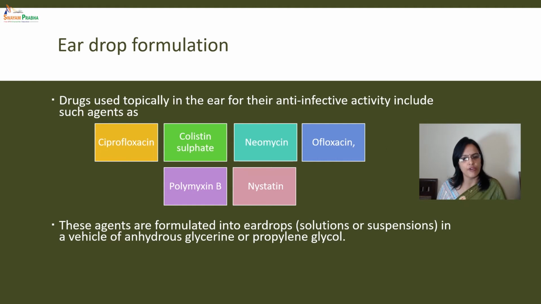These agents are formulated into the ear drop, whether in the form of a solution or suspension or in a vehicle of anhydrous glycerin or propylene glycol. So the use of these viscous vehicles, as I also told you in the previous slide, permits more retention of the ear drop because of its higher viscosity.